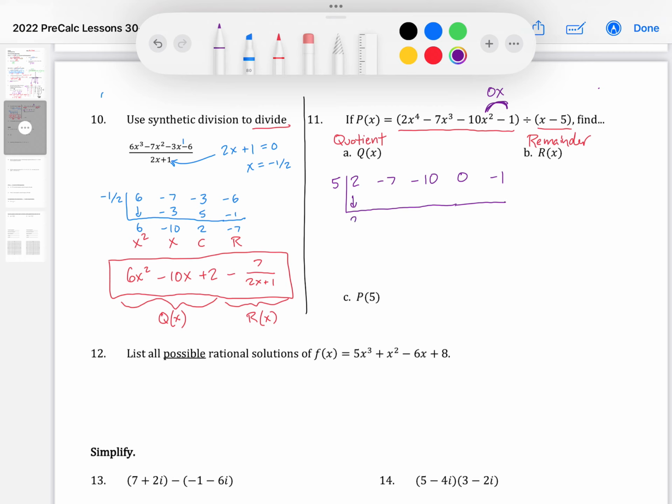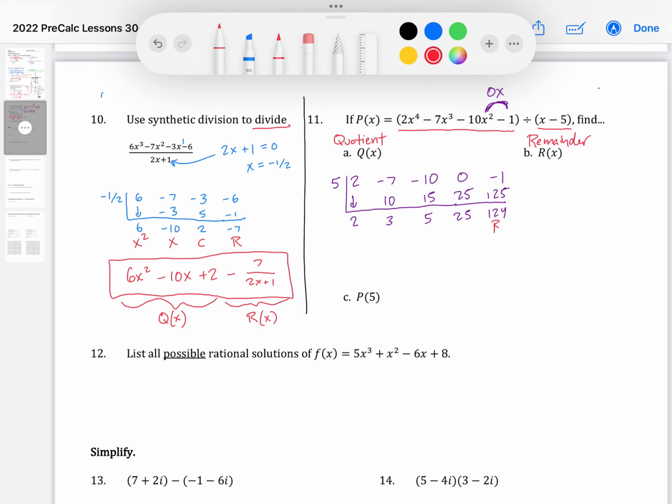So I bring down my 2. 5 times 2 is 10. -7 plus 10 is 3. 5 times 3 is 15. -10 plus 15 is 5. 5 times 5 is 25. 0 plus 25 is 25. And then 5 times 25 is 125, which gives us a remainder of 124.